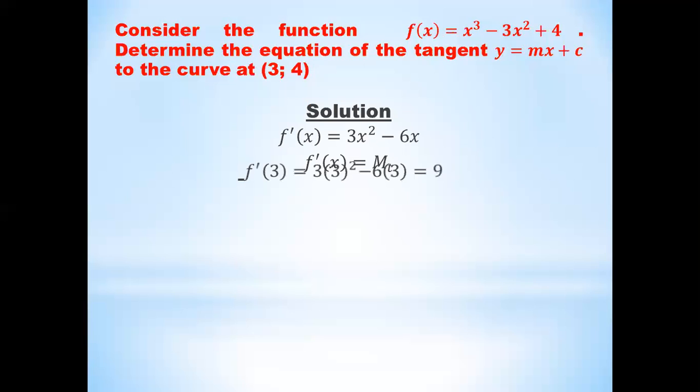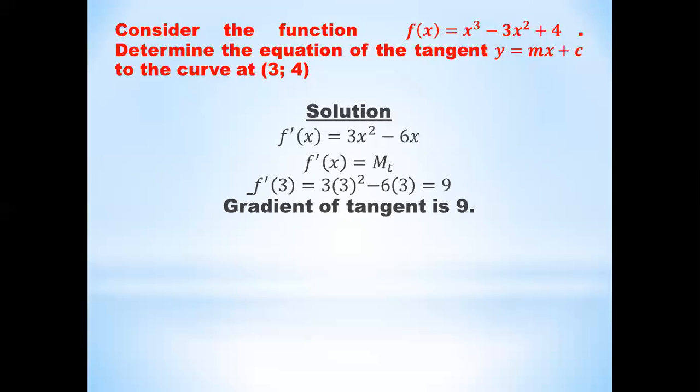That is what I wrote here as f prime of x is equal to m_t. Now, if you have the derivative, what must you do? Take the x value of the point of contact and substitute into the first derivative. So the x value at the point of contact is 3. So wherever there is x in the first derivative, just put 3. You can see the result is equal to 9. Now, the gradient of the tangent, numerically, is 9.